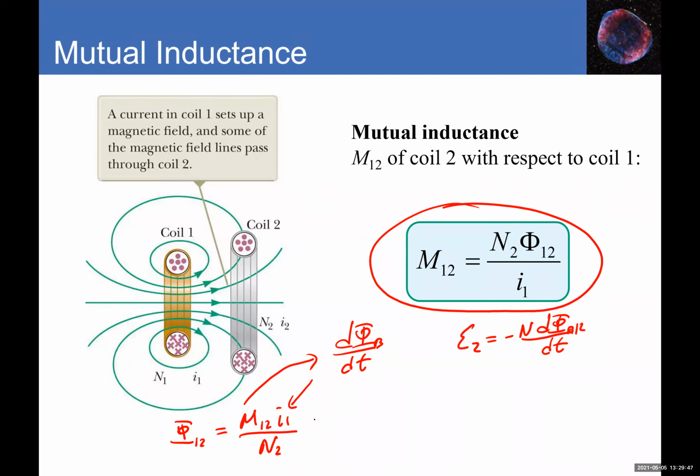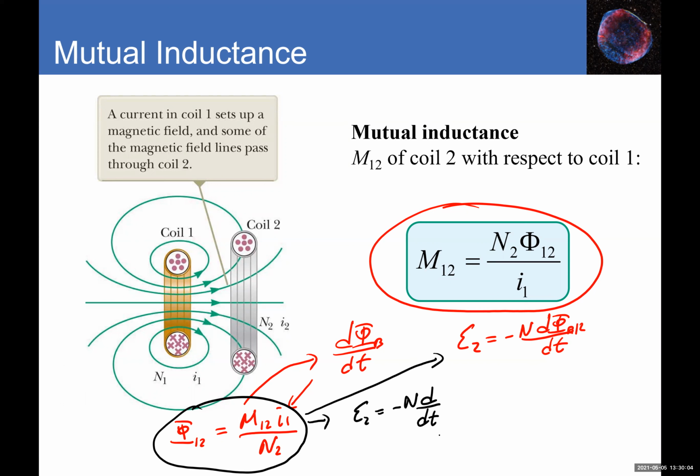That means we can take this equation and plug it into the EMF equation. I can say EMF2 is equal to negative number of turns times change in flux. What is flux? It is mutual inductance M12 times current 1 divided by number of turns. Technically this is the number of turns in coil 2, since it's EMF2. So that is the flux.